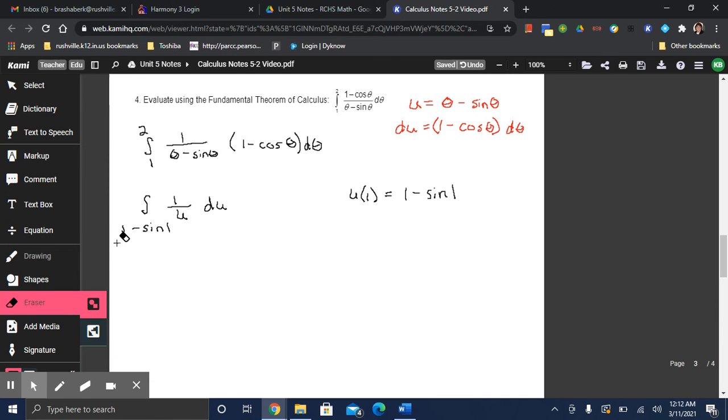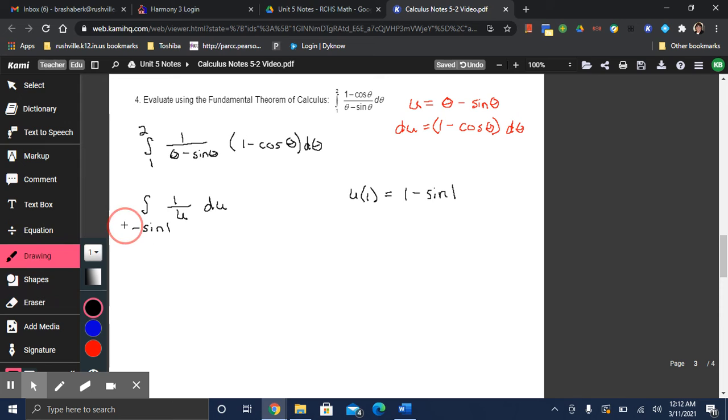All right, and then we'll do the upper limit. So u of 2, and so that will be 2 minus the sine of 2. So that's my upper limit.